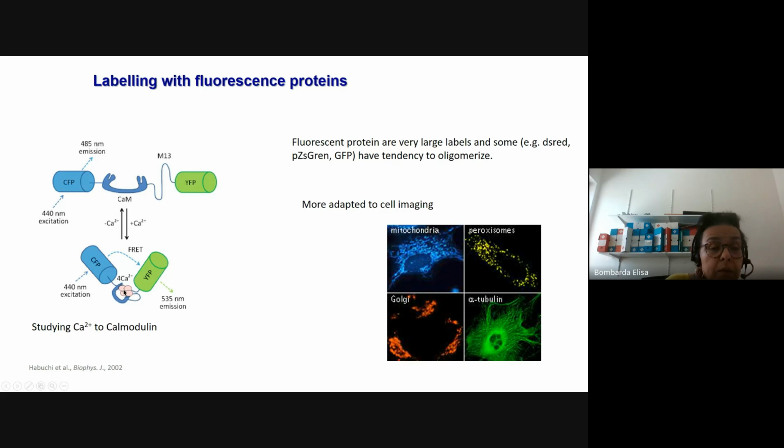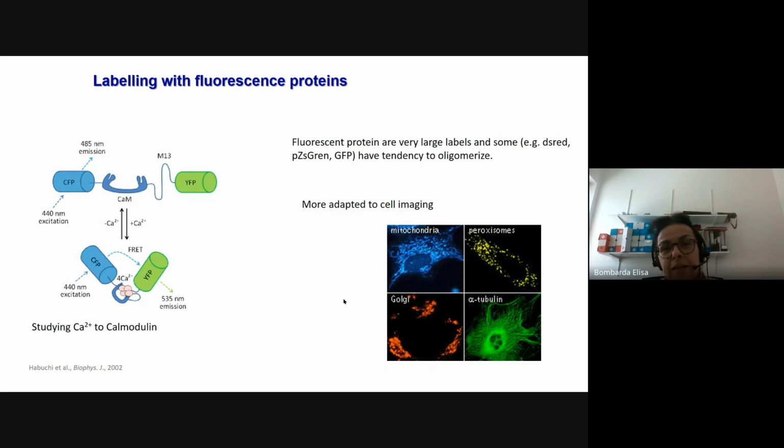The system was calibrated in vitro, of course, and then it can also be used to detect the calcium concentration inside the cell. So, it's nice, but of course, one criticism is that the label is larger than the protein that we want to study.